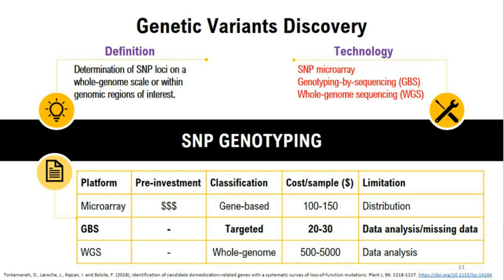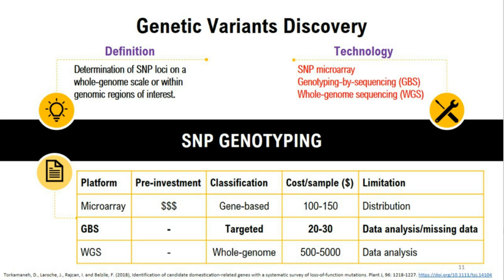The second approach is GBS, or genotyping by sequencing, where there is no need for pre-investment. It's a targeted method, meaning we target specific regions of the genome. The cost per sample is around $20 to $30, and the limitations are data analysis and missing data.